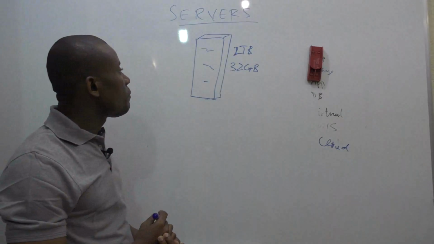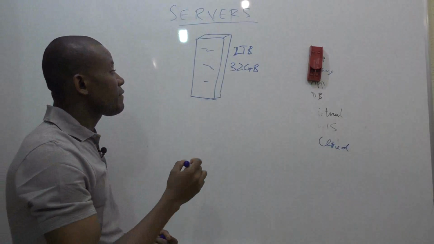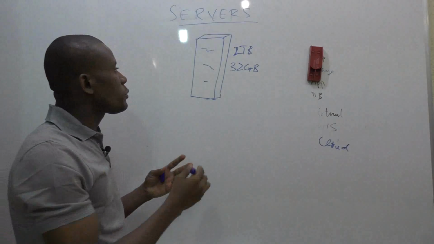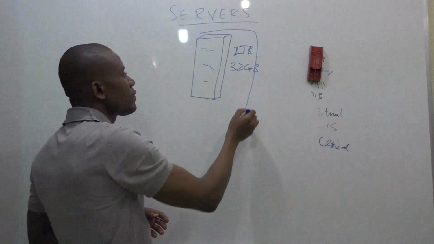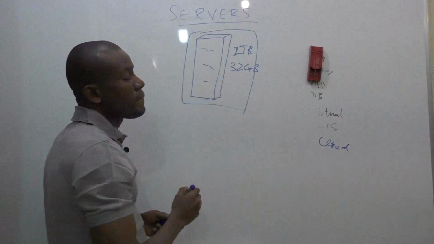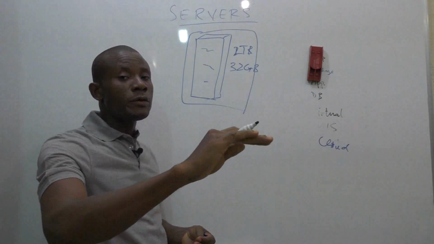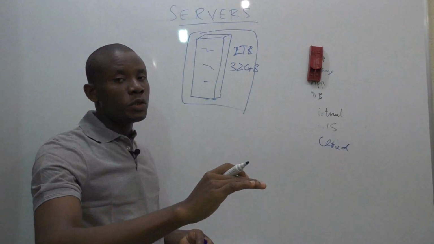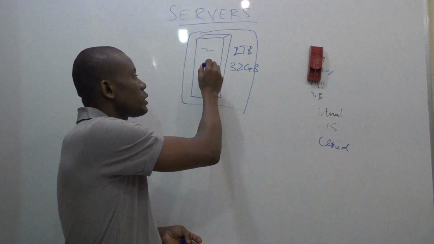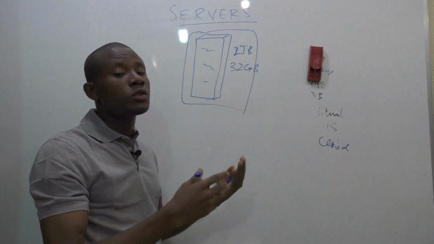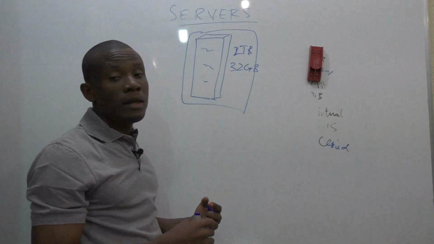Okay? But a virtual server is a server that is not residing on its own hardware. It is a virtual server that is created on a layer above the hardware. So on a single machine, you can have 5 servers running, and they are virtual servers.